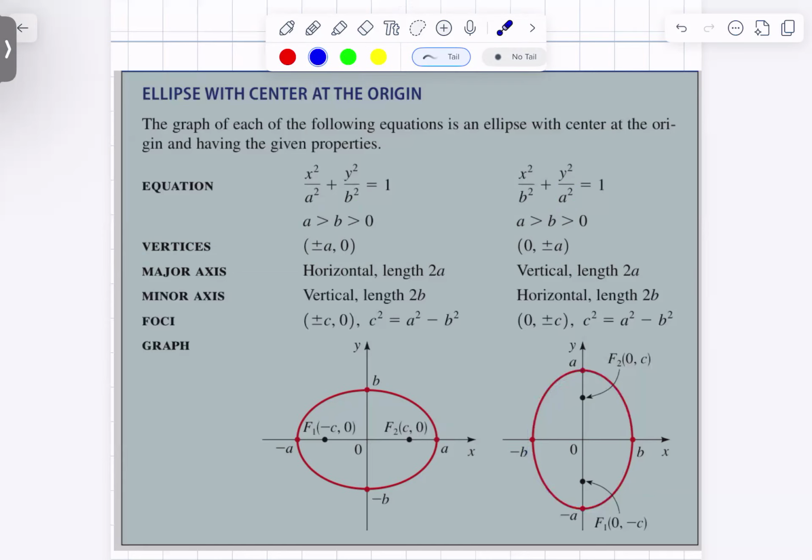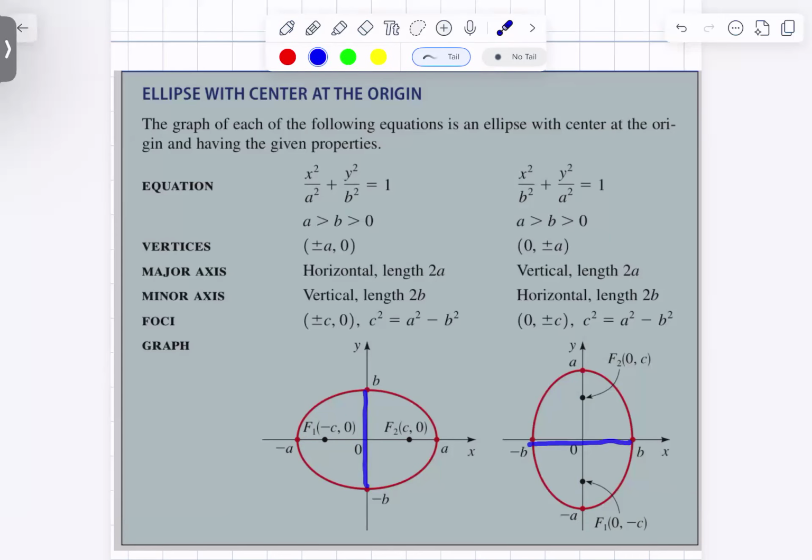So wherever your vertices are, that's going to be your major axis. And the length of that, we're talking about this as our major axis here, and this as my major axis here. And my minor axis is here and here.